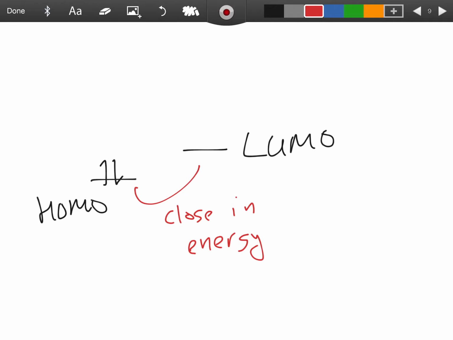Right? So they're close enough that they can react. If you get a big difference between the HOMO and the LUMO, they can't react. The energies are too different. But if your energies are close in your HOMO and your LUMO, you're going to get a reaction to happen.